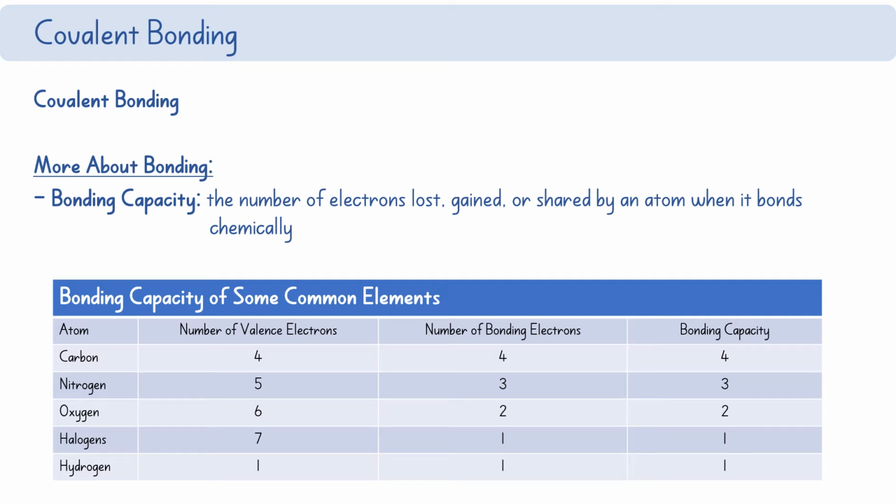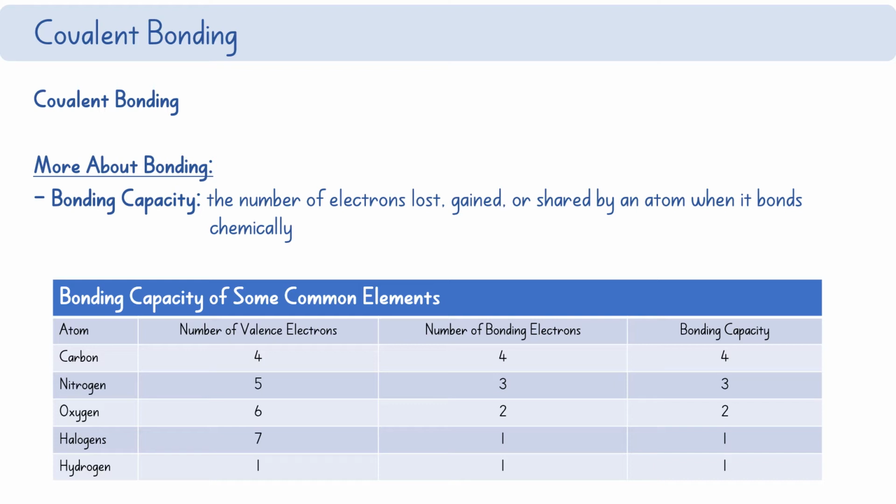Nitrogen is 5 on your periodic table, which means that it has 3 bonding electrons. 5 plus 3 is 8. So its bonding capacity is 3. Oxygen is 6 for the number of valence electrons it has, which gives us 2 bonding electrons, giving us a bonding capacity of 2.